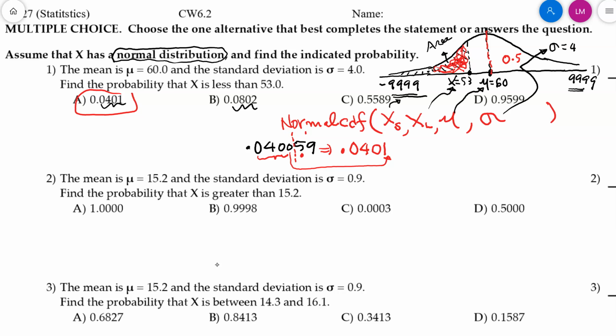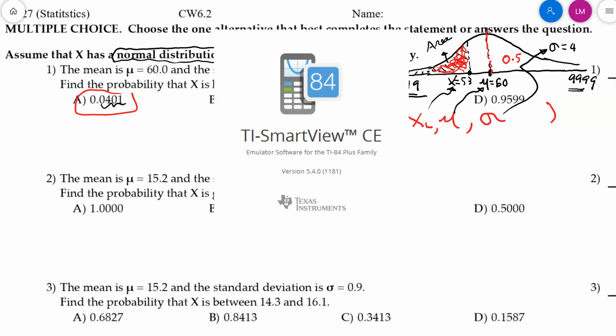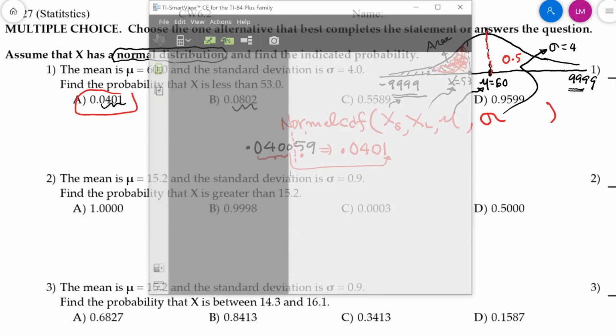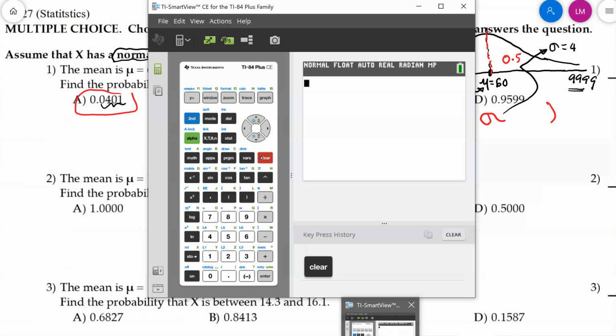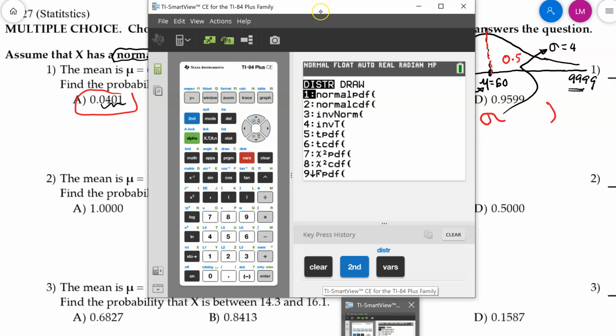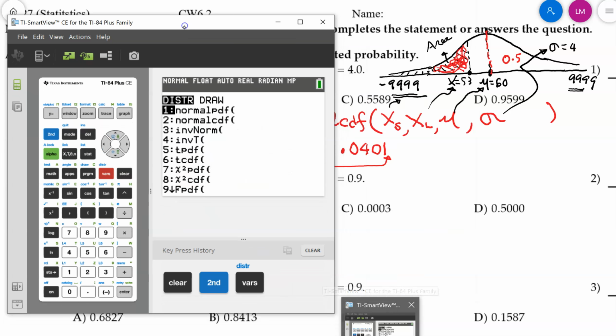Okay. Now, if you use the other calculator, the TI-84, this one's a little slow, I think. Now the same thing, let's clear. So put second vars. Okay, remember 4 numbers there. What are the 4 numbers?